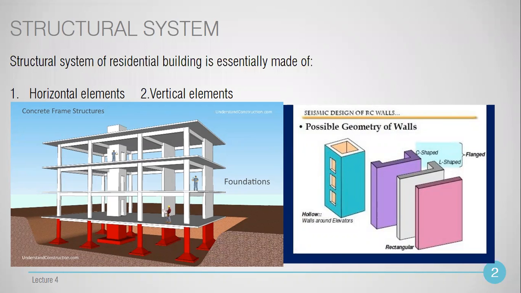The slab is the horizontal element which connects all columns to each other and creates the section of the building. The slab provides horizontal stability of the building.